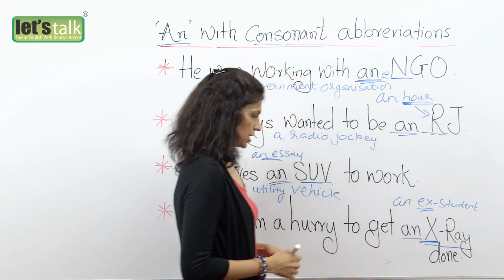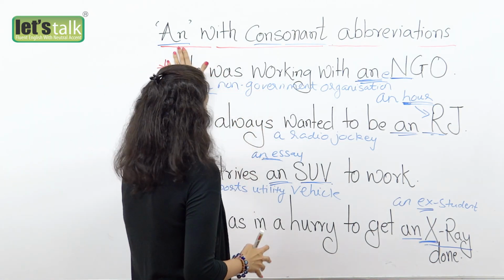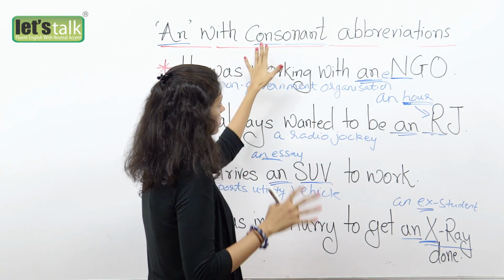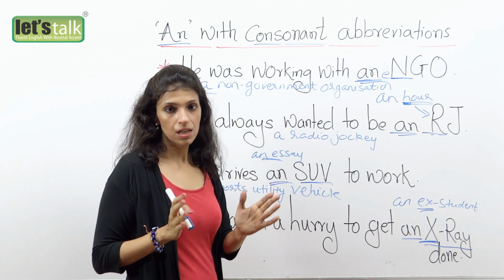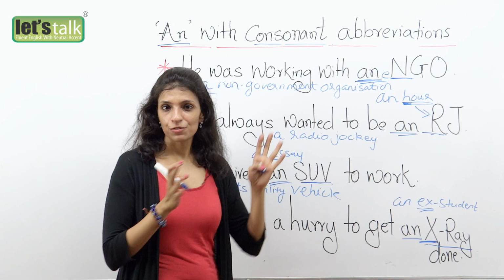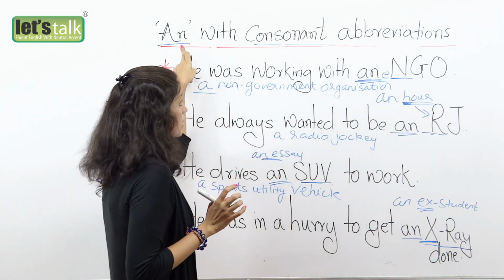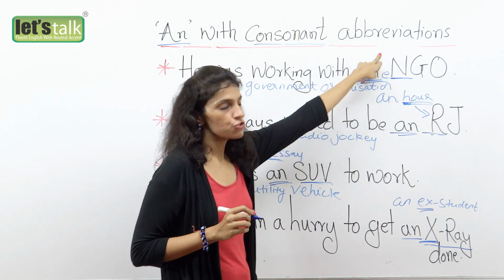Okay friends, so this is how we use an with abbreviated forms of consonants. Well, in a nutshell, I'll tell you something. There are 8 letters, if you noticed, that will always be used with an only when they come in abbreviations.